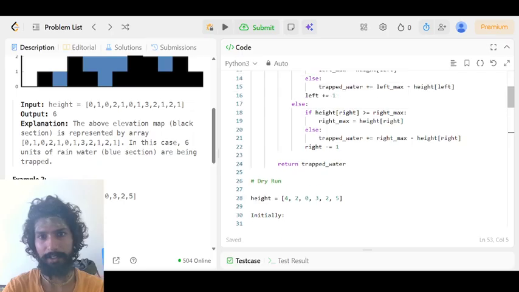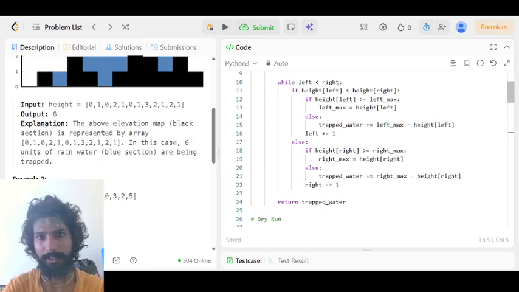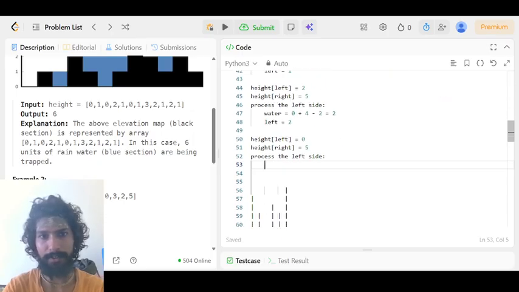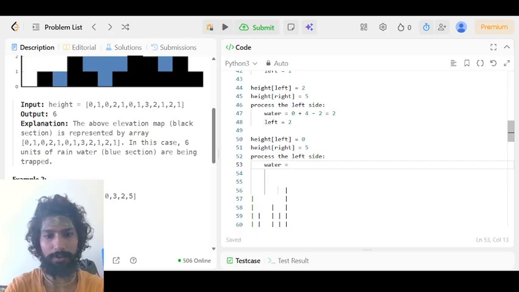This time again it is less than the max height. So my trapped water will increase. So water will become 2 plus left max 4 minus 0, equal to 6. And left will become equal to 3.